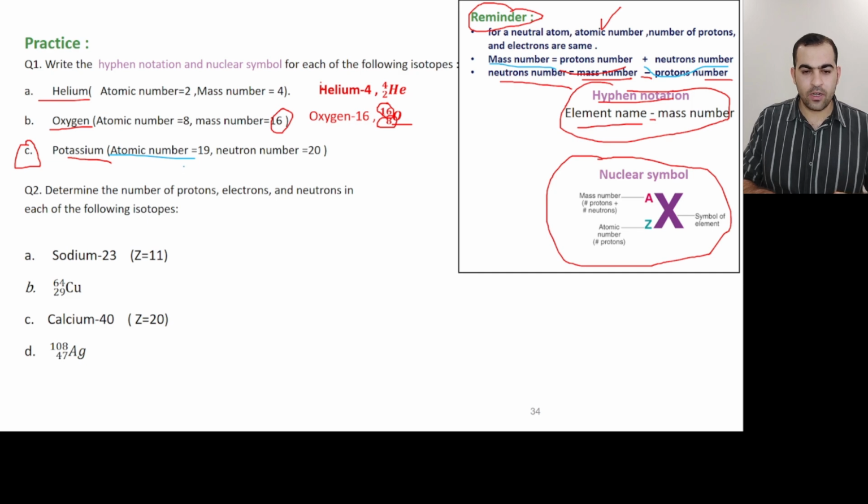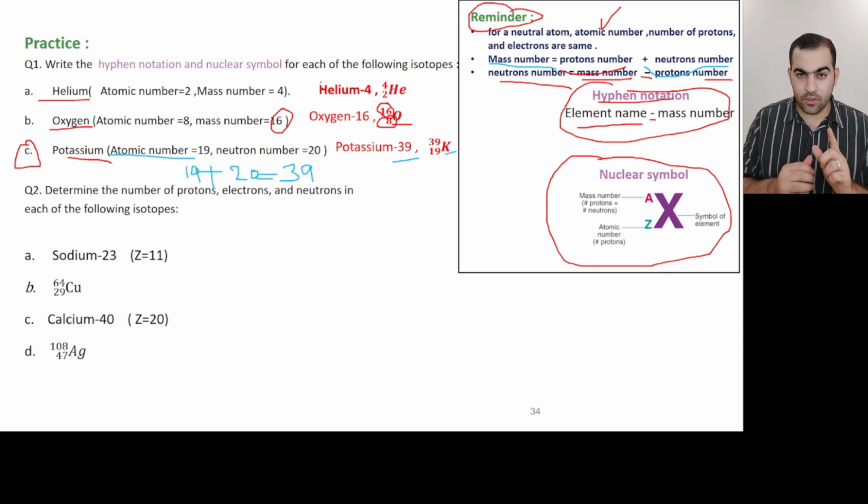So 19 plus 20 equals 39. This is the mass number. So we write potassium, then hyphen, then the mass number. For the symbol, you must know the symbol of potassium.